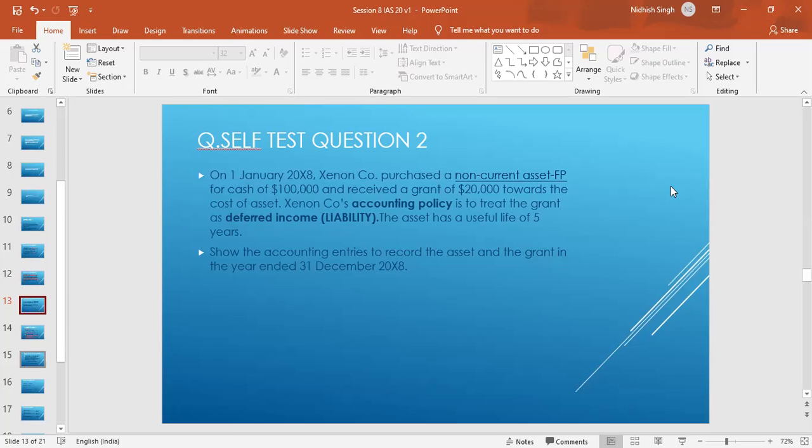Let me just write it down. So the first year deferred income would be 16,000, and 4,000 will go to P&L at the end of the first year, because we need to recognize 4,000 for that year.